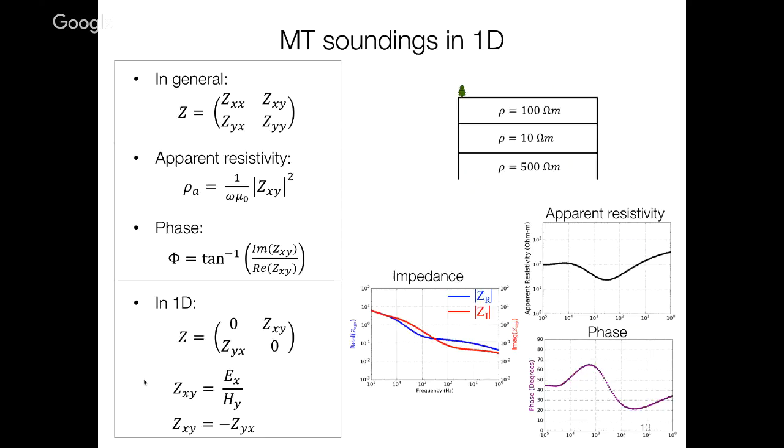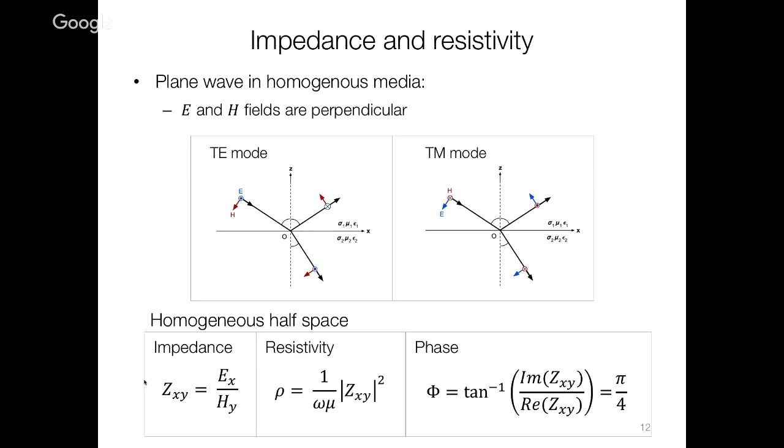The apparent resistivity does depend on the frequency, but the resistivity of each layer itself does not. The point is that we have a frequency term in the apparent resistivity, but the resistivity itself should not depend on frequency.